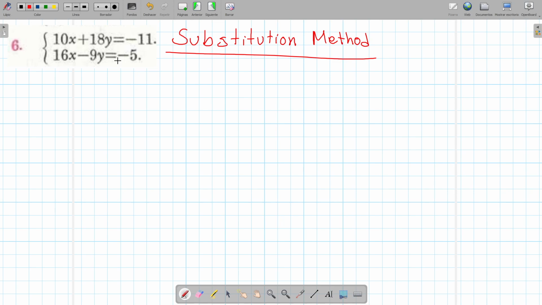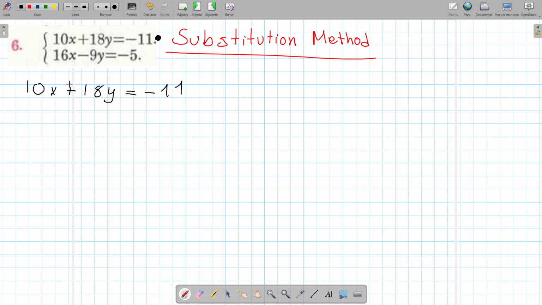First, we have to choose which equation you want to put a variable alone. For example, for the first one, we have 10x plus 18y equals minus 11. And I have to put one variable alone.